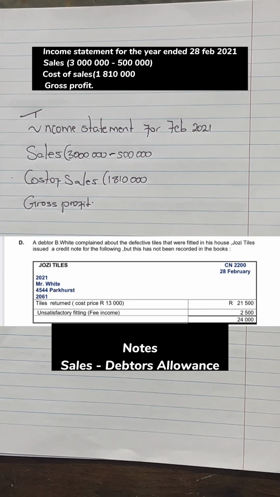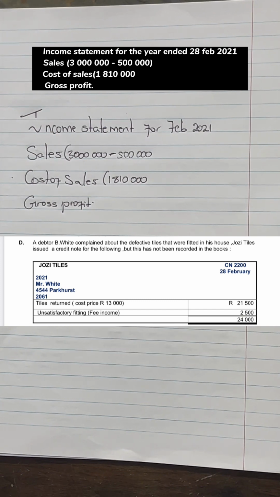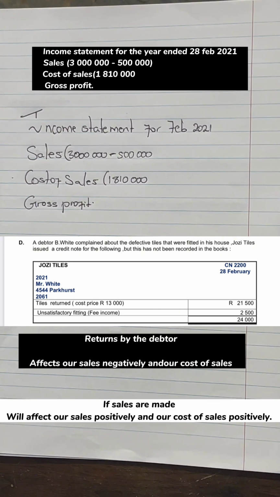Let's take a look at the following transactions, the adjustments and information. At information D, it says a debtor, B White, complained about the defective tiles that were fitted in his house.